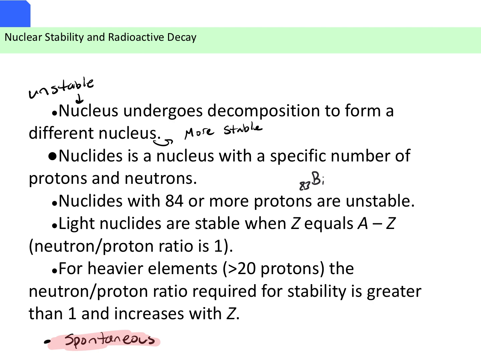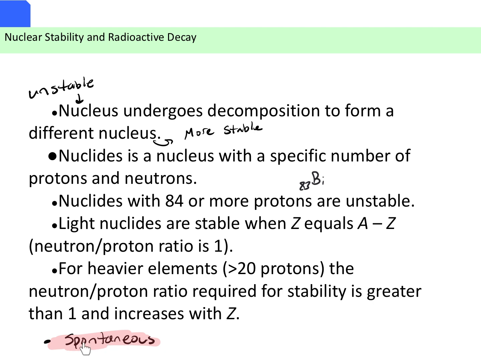It gets further away from a 1-to-1 ratio the heavier you get. Essentially, as the elements get bigger and you pack more protons into the nucleus, you need more neutrons to keep the positive protons from interfering with one another and causing the nucleus to decay spontaneously.